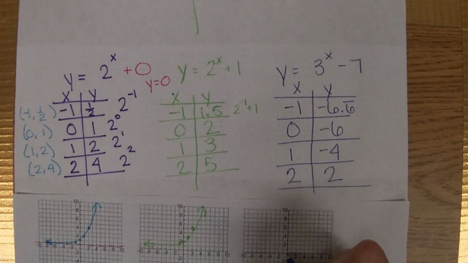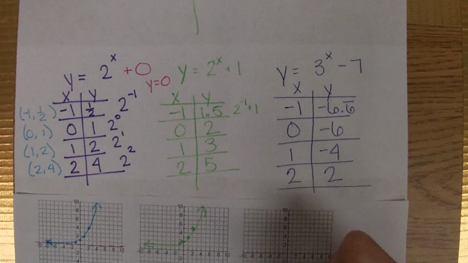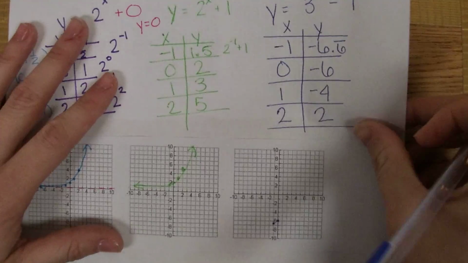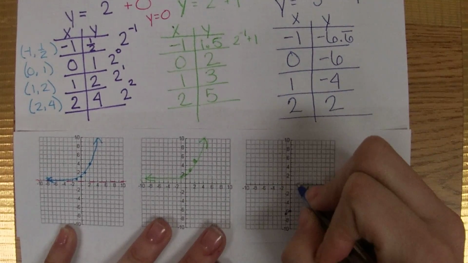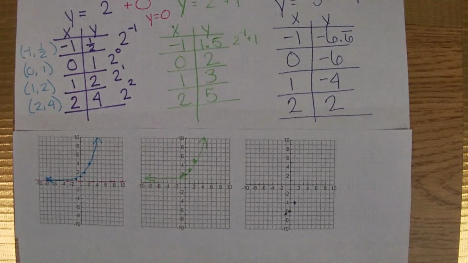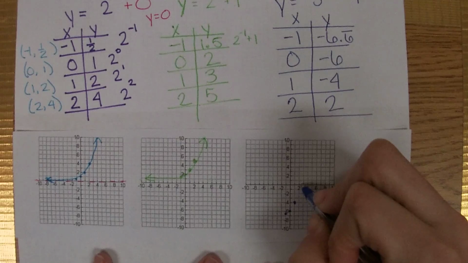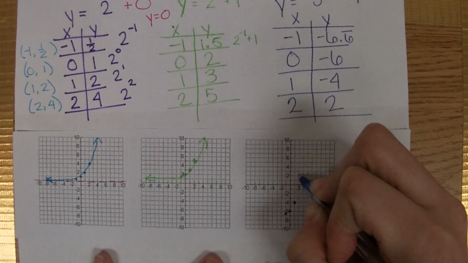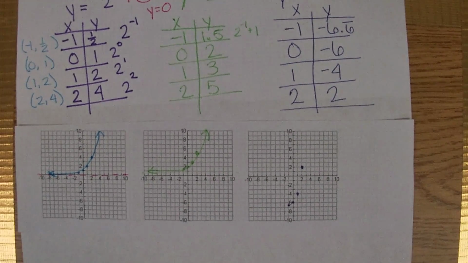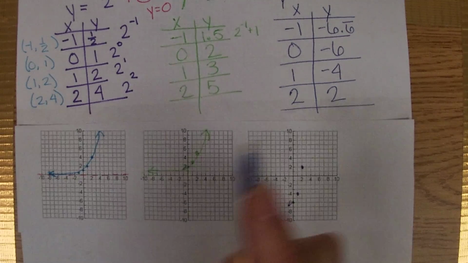Okay, so we'll just start plotting. -1, -6 2/3. 0, -6. Oops, sorry, I might be off the screen there. 1 comma -4. 2 comma 2. We want to make sure we don't cross our asymptote.